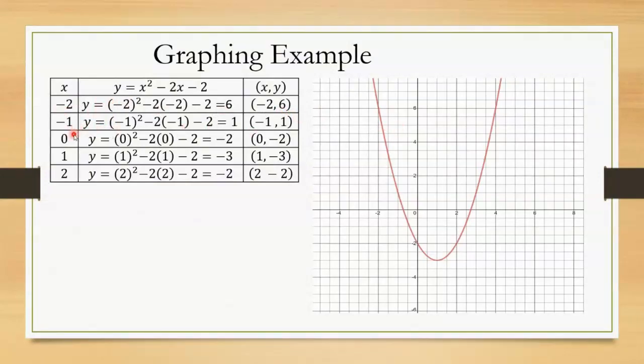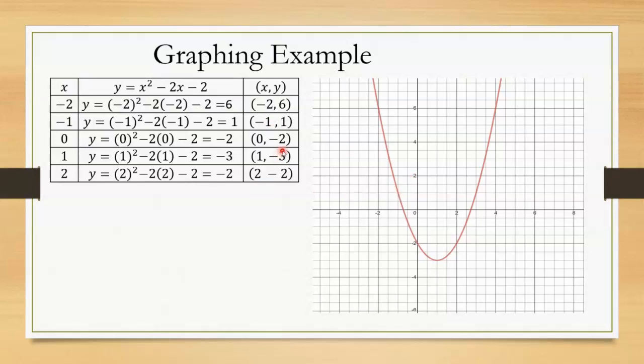So -1: when x is -1, we calculate the corresponding y value as well. When we replace x by -1 by direct calculation, we get 1. So this point is on the graph as well: -1, 1. I think it's over here. It might be kind of hard to see, but it's over here about.